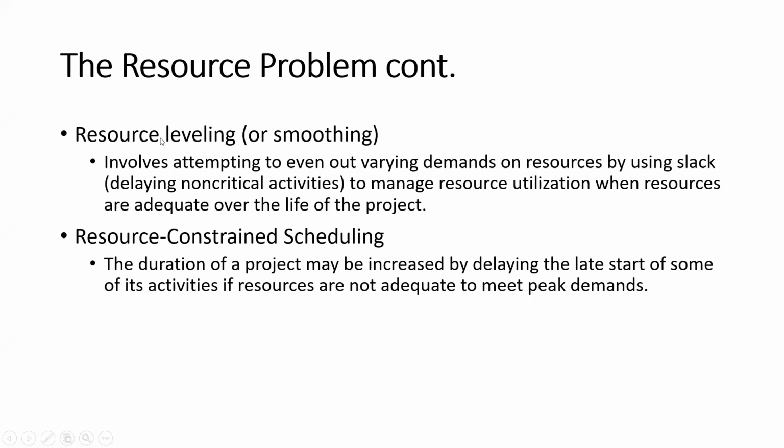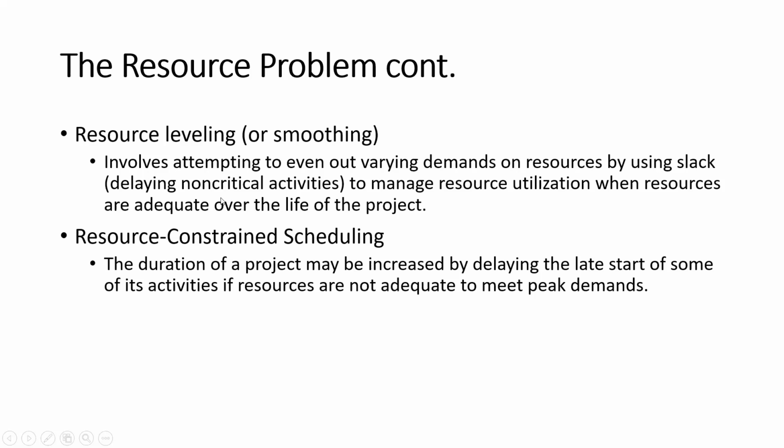Therefore, we have to do resource leveling or smoothing, right? That involves attempting to even out varying demands on resources by using slack, delaying non-critical activities to manage resource utilization when resources are adequate over the life of the project.